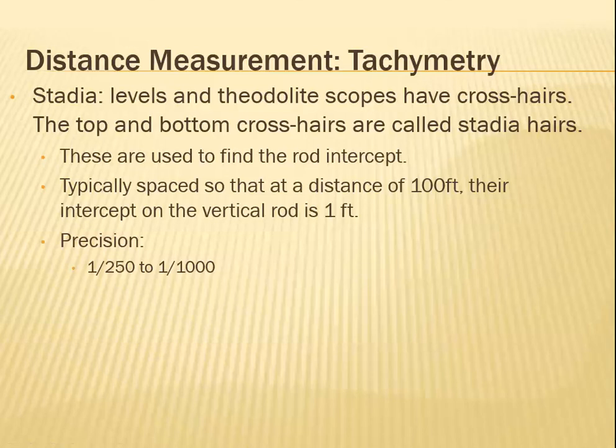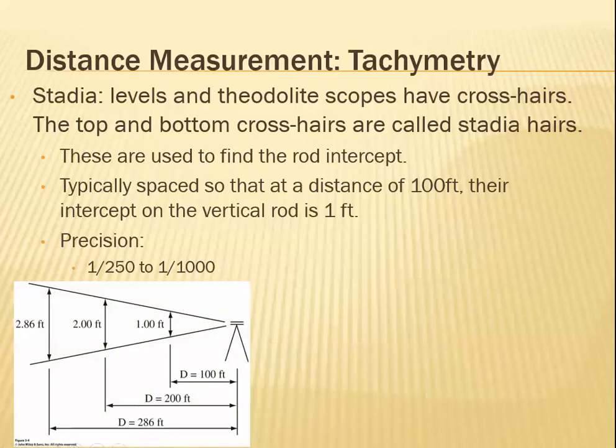Now, stadia: levels and theodolite scopes have these crosshairs. The top and the bottom crosshairs are called the stadia hairs, and what you're going to do is have either a level, an automatic level, or a theodolite, and you're going to have someone standing on the other side of the field, marking wherever you want to measure with this rod that has marks in meters or in feet or some unit, and then you're going to see through the crosshairs and try to calculate the distance with a little bit of math as well.